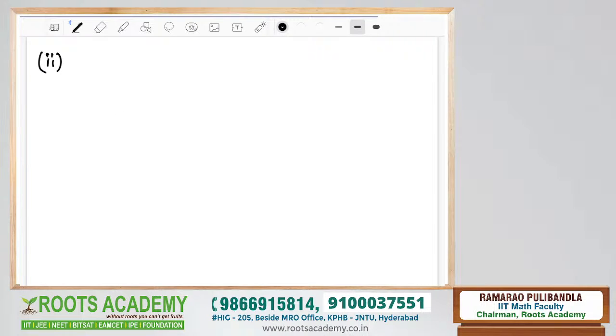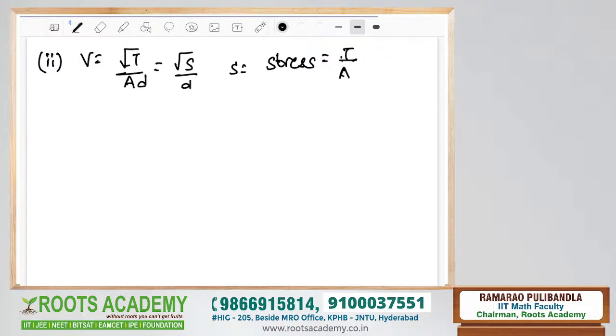So v is equal to under root of T divided by a into d, that is nothing but root of S divided by d, where S is equal to stress. Stress is defined as T by a. v is equal to under root of T by pi r square d, where r is nothing but the radius of the cross section.